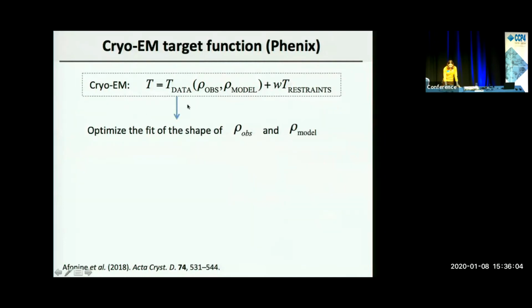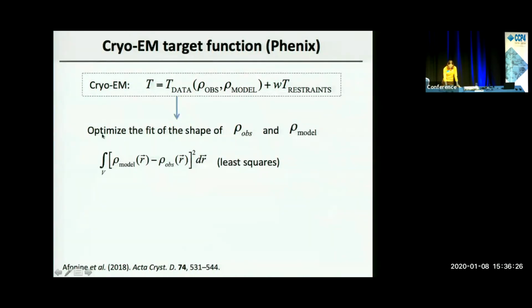One way to describe this term is to say we want to optimize the fit of the shape of the densities. So we want to fit the shape of the observed density, which we have from our experiment, and the model calculated density. So for example, we can use a least squares term.